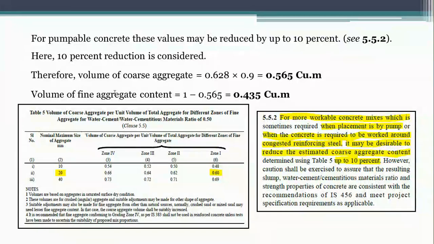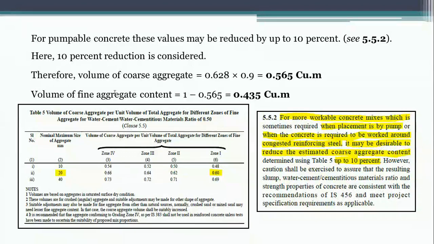If they have not given the method of placing as pumping, then there is no need to reduce it by 10%. We reduce by 10% only when the method of placing is pumping, or if they say there is congestion in the reinforcement. Otherwise no need to do it.